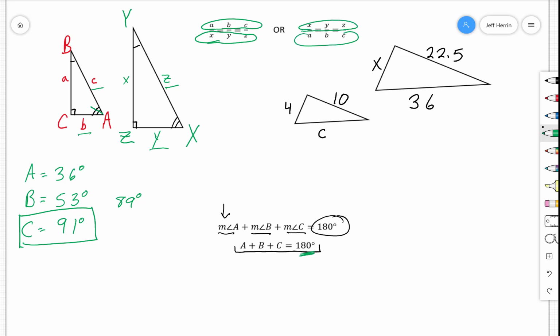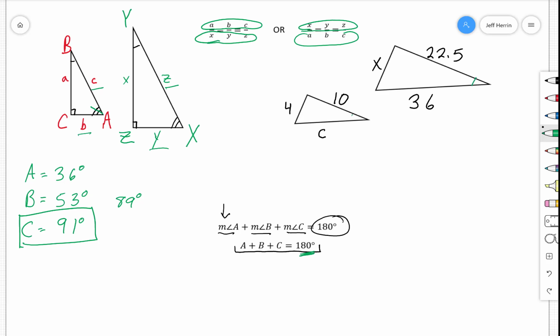It doesn't matter. And what we'll find specifically with the law of sines is that I like to put what I don't know in the numerator. I find that's easier to solve. So looking at these two triangles, we have a triangle with a 4 and a 10 and an unknown C, and a triangle with an X and a 22.5 and a 36.